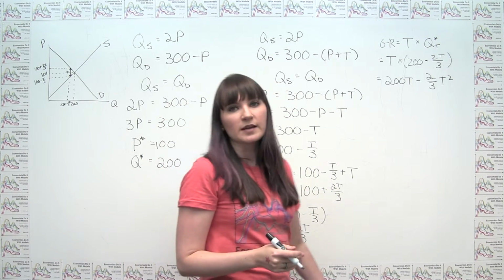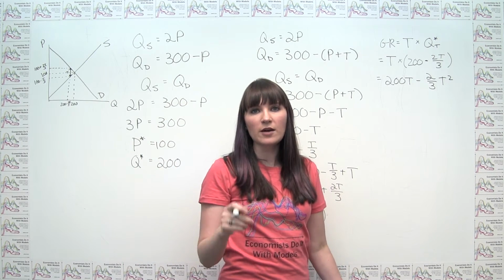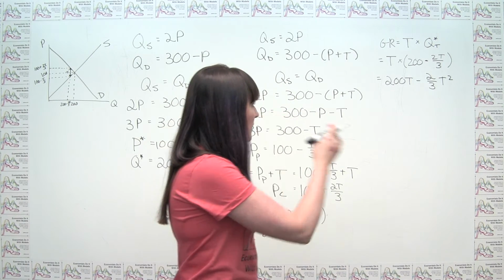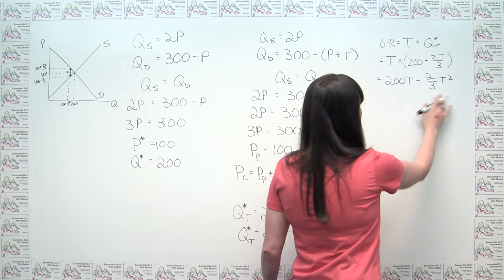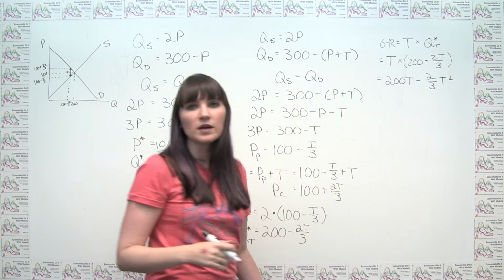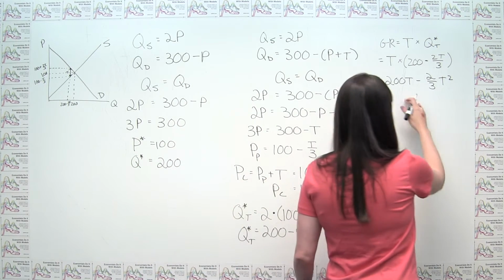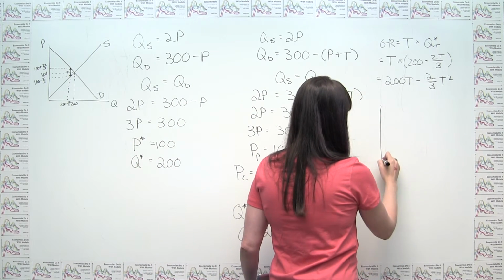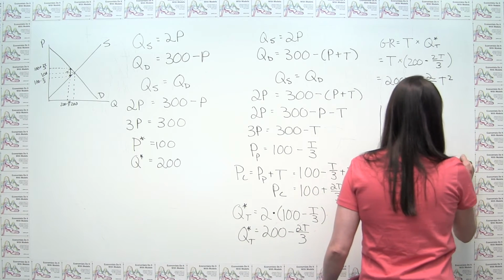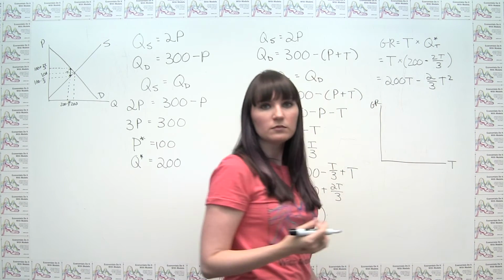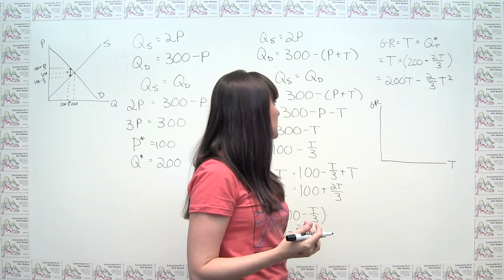So I'll go through in a second and I'll actually give you a graph that does this to scale. But even without that, we can see that just mathematically this is going to be an upside down parabola. Because if we're going to graph this as a function of T, we're going to get something that has T on the x-axis and then government revenue on the y-axis.